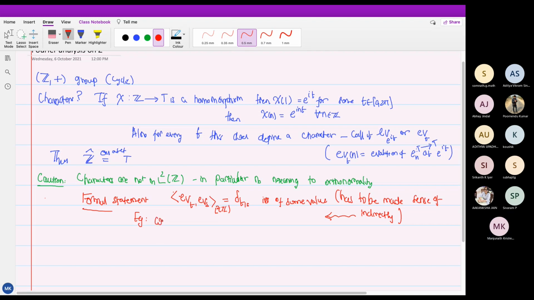minus n to n with the uniform probability measure, that is, normalized counting.